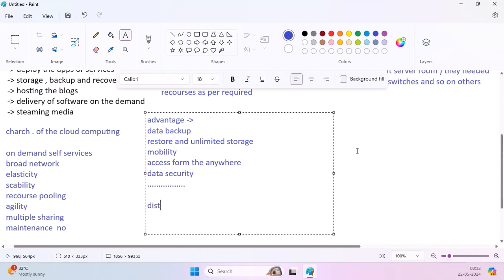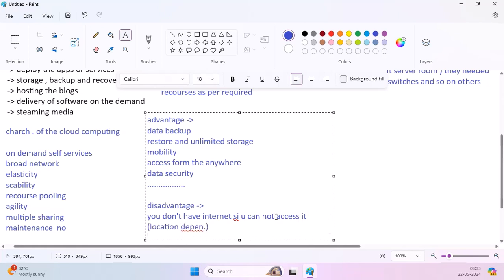Some of the disadvantages will be: if you don't have an internet connection, you won't be able to use the cloud, so you cannot access it, so it's location dependent in that sense.